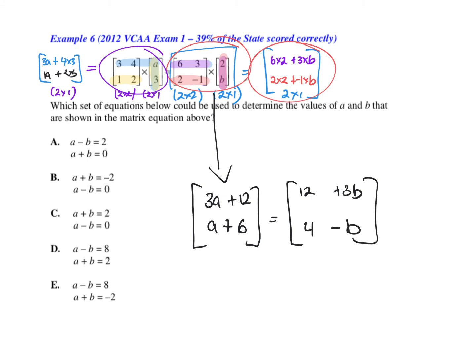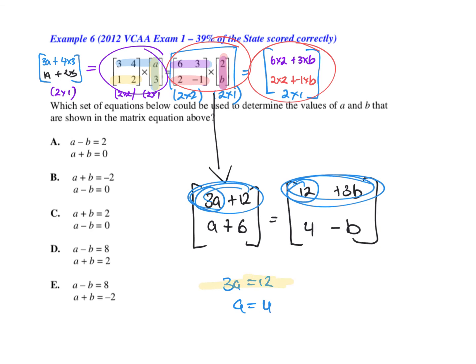Okay, so can you see what you need to do is this spot is equal to that spot. Sorry, this is a 2 by 1, so this is a whole element there.